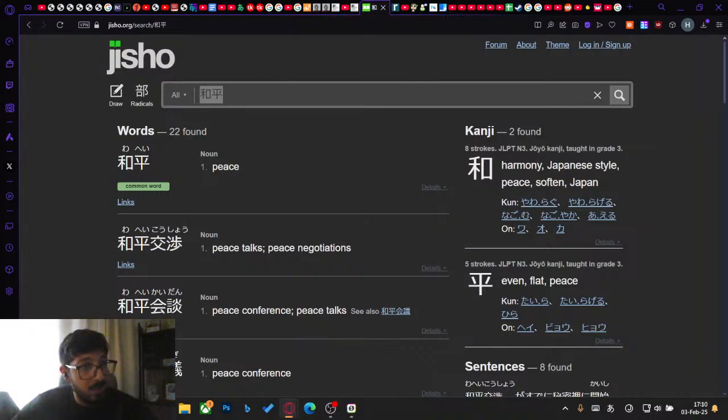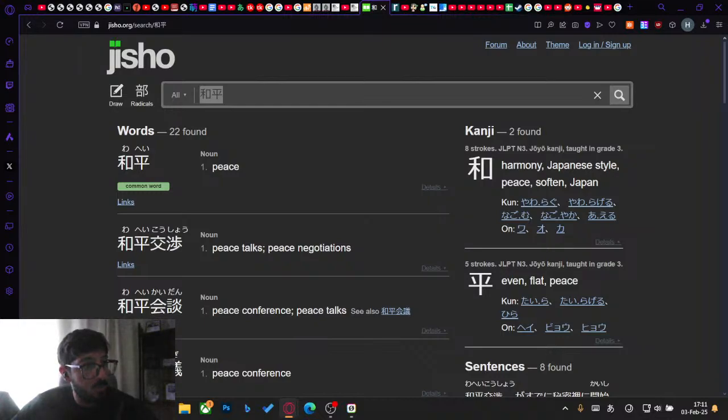Example: heiwa na sekai, a peaceful world. Wahei specifically refers to peace negotiations or peace treaties, the formal or diplomatic efforts to end conflict, typically between nations or groups. Example: wahei kosho, peace talks or peace negotiations.